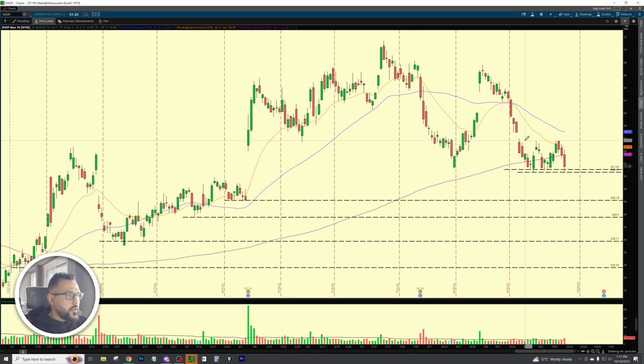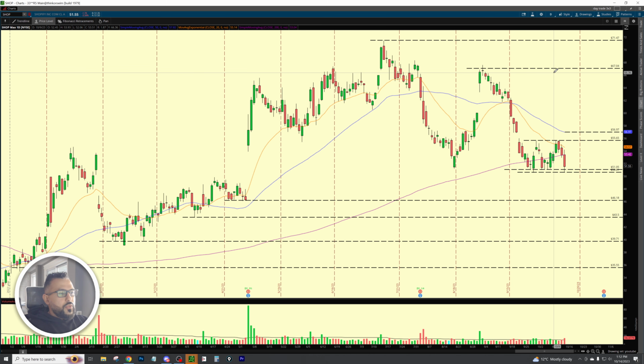Up to the left, you can see right here is your first level. The 50 moving average, depending on when price gets to it, will be one that we can use as resistance as well. And then up to the left again, this is your pivot, right? We hit that price and rejected pretty aggressively, and then up to the left again, your next big one is going to be up here at 71.40, right? So very quickly, we've identified some key levels that we can pay attention to.